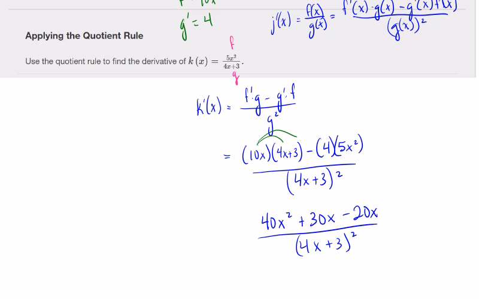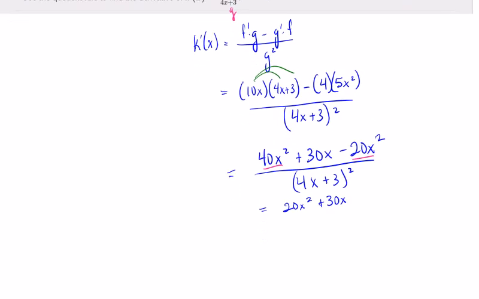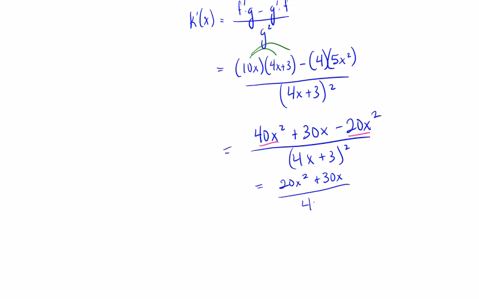Whereas here we're adding and subtracting these so we can combine like terms. Here that's not the case. We can just leave it as it is. Oh, I forgot the squared here. All right, so now we have like terms, and so 40x squared and 20x squared, if we subtract, we get 20x squared plus 30x all over 4x plus 3 quantity squared.